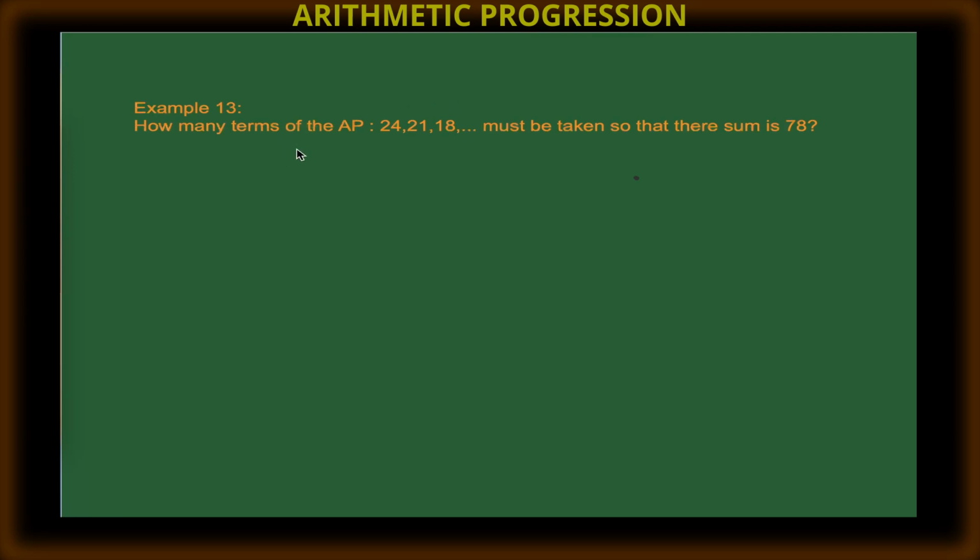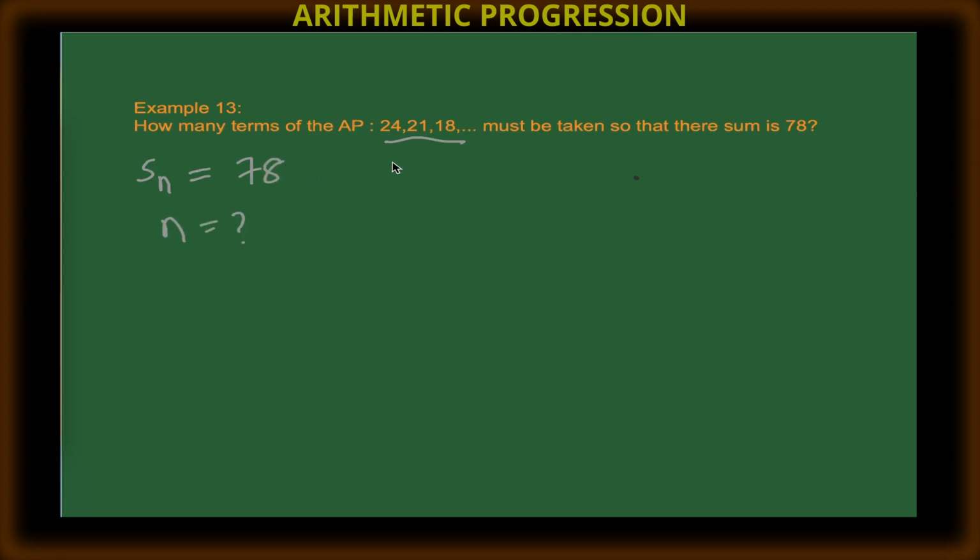Okay, so let's try to analyze this particular example. It's an arithmetic progression of this sequence. How many terms of the AP must be taken so that their sum is 78? So we have the formula for the sum Sn, the sum is 78, but n we don't know.